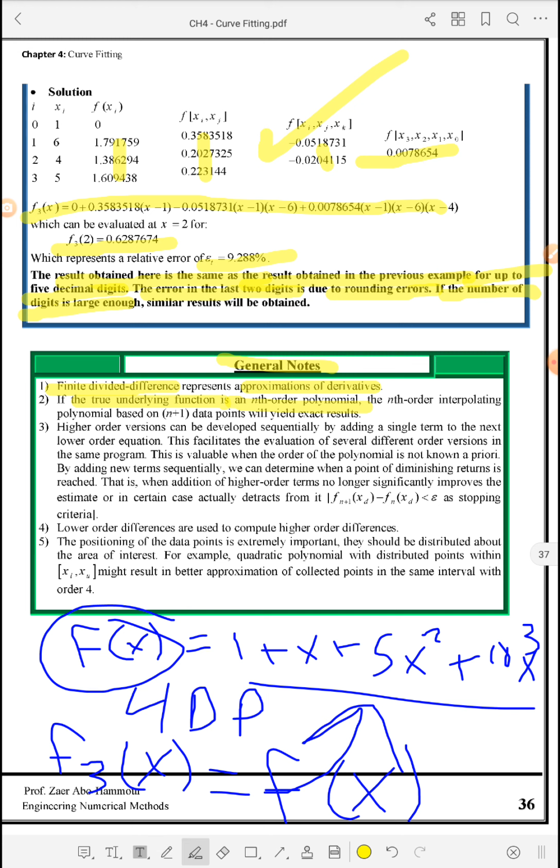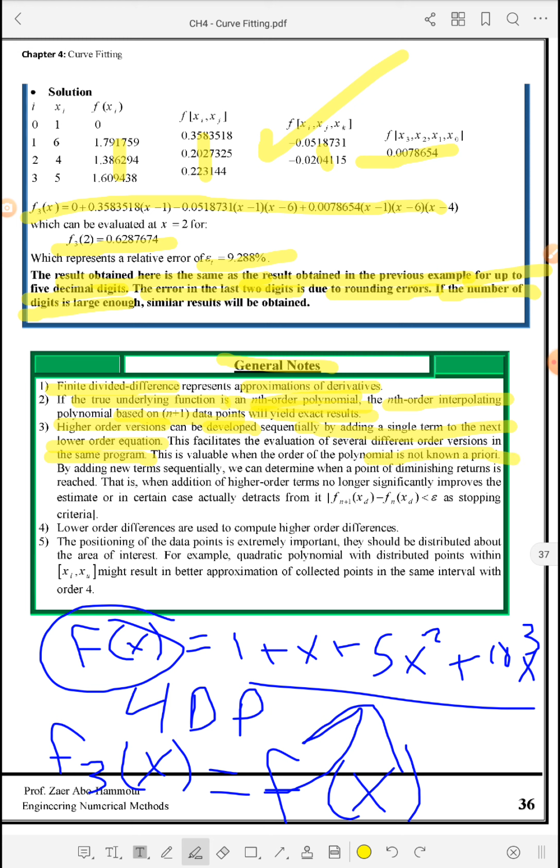If the true underlying function is an nth order polynomial, and we generate an nth order interpolating polynomial based on sampling this function using n plus 1 data points, then they should be the same and yield exact results. The next comment is that higher order versions of polynomials can be developed by adding a single term to the lower order equation, and this facilitates computer programming for the case when we don't know the order of the polynomial in advance.